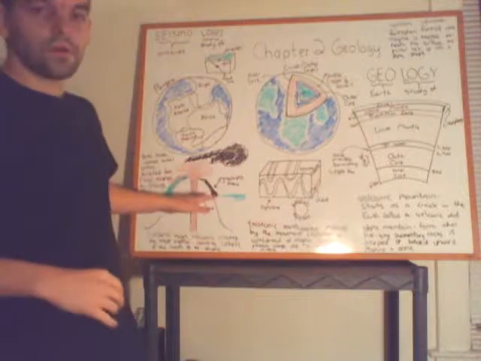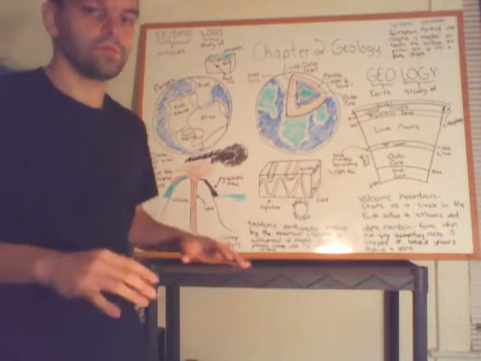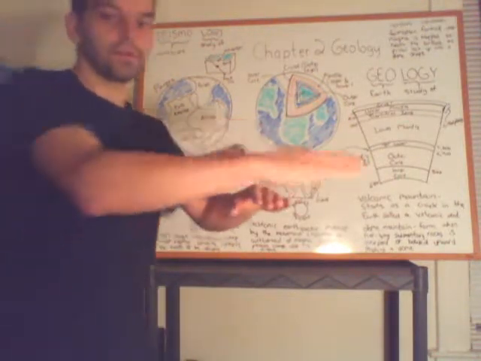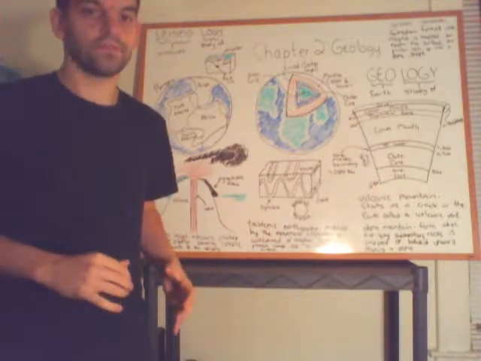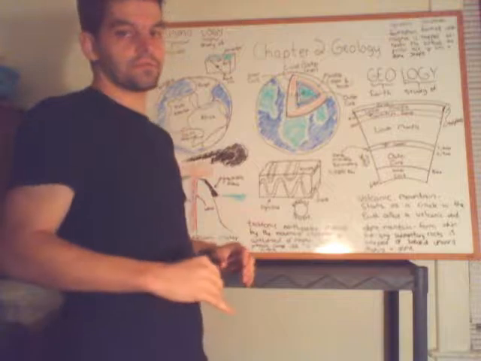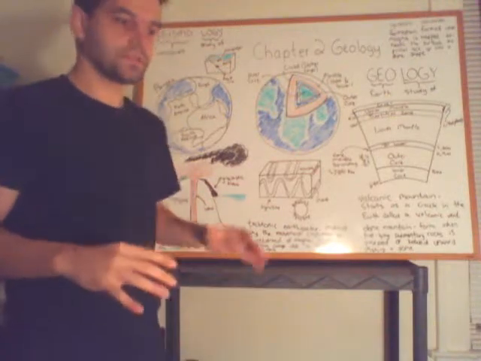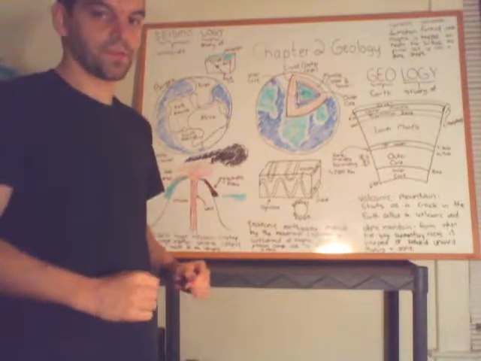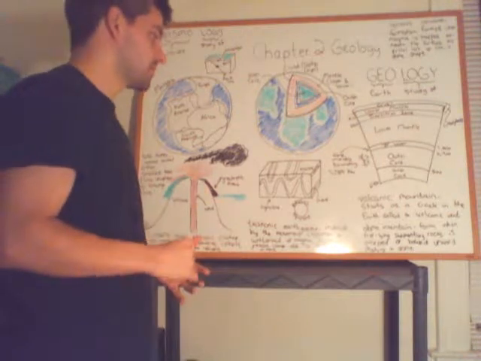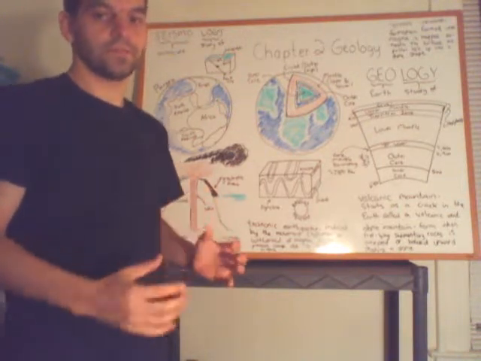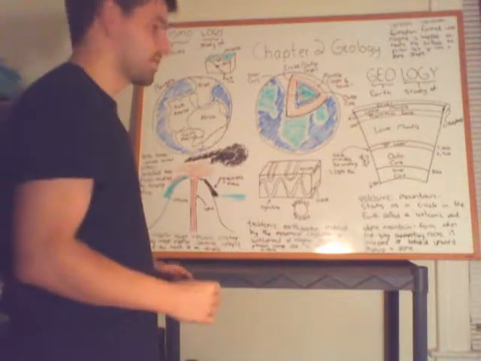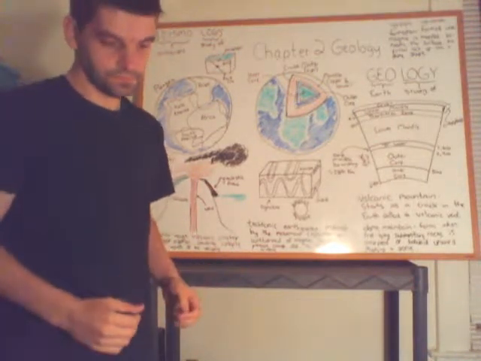So think of pahoehoe as very smooth, layered lava, as opposed to aa lava, which is very stationary and very jagged. Okay, so aa lava comes in block or irregular shape, very rigid and irregular.